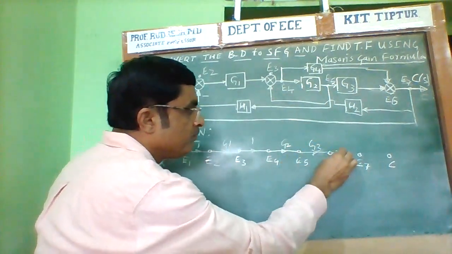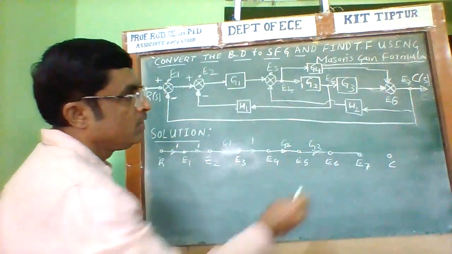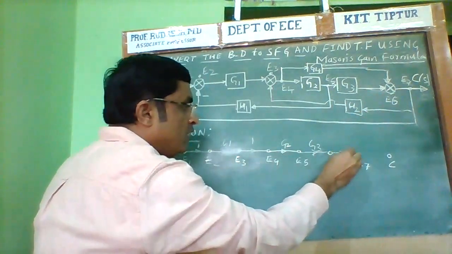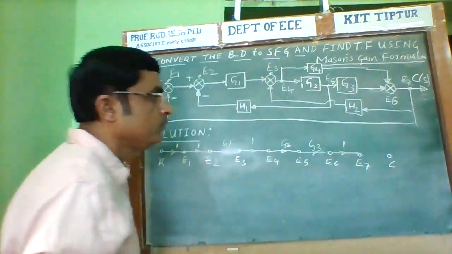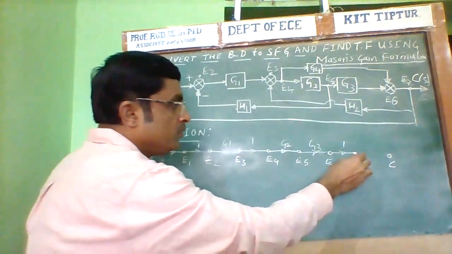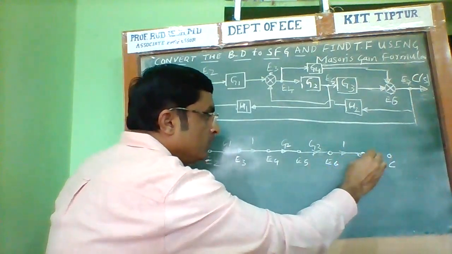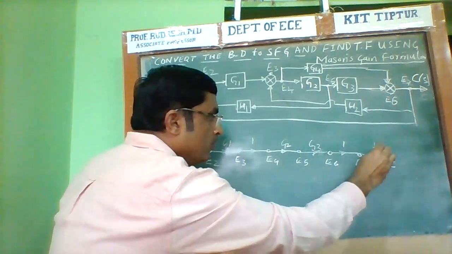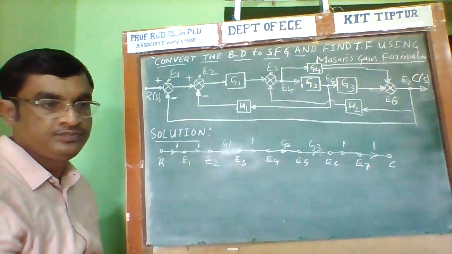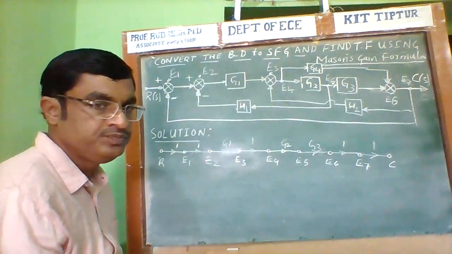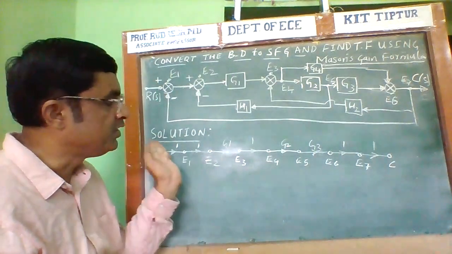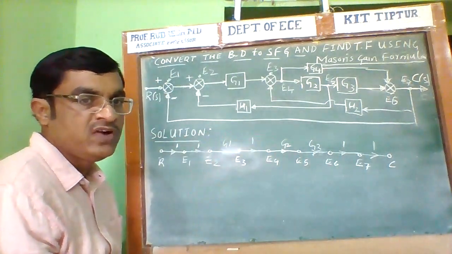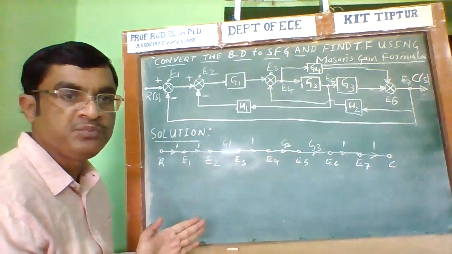Then E6 to E7 is 1, and also from E7 to the output node is 1. This is the way of constructing the main forward path of the signal flow graph.